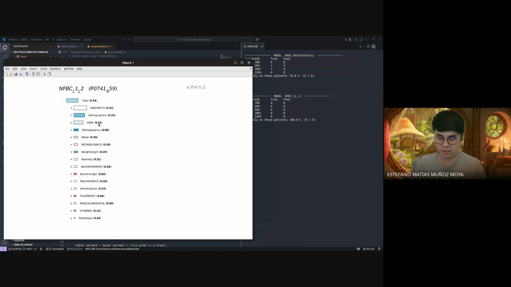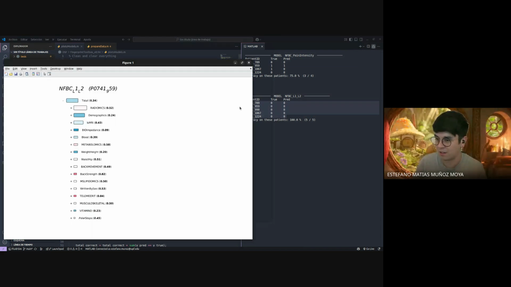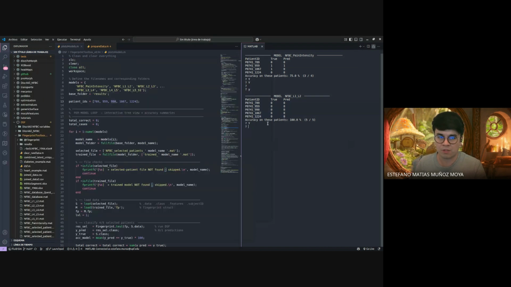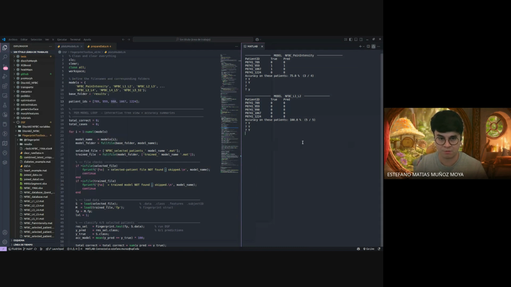In this case, we can be sure that, for example, this patient doesn't have degeneration, at least in L1, L2, because of these variables. But as you can see, they are different from the other case, where for the pain intensity the most important were the demographics. And we can continue with that. Others shared a very similar DSF, with radiomics the most important, and so on.